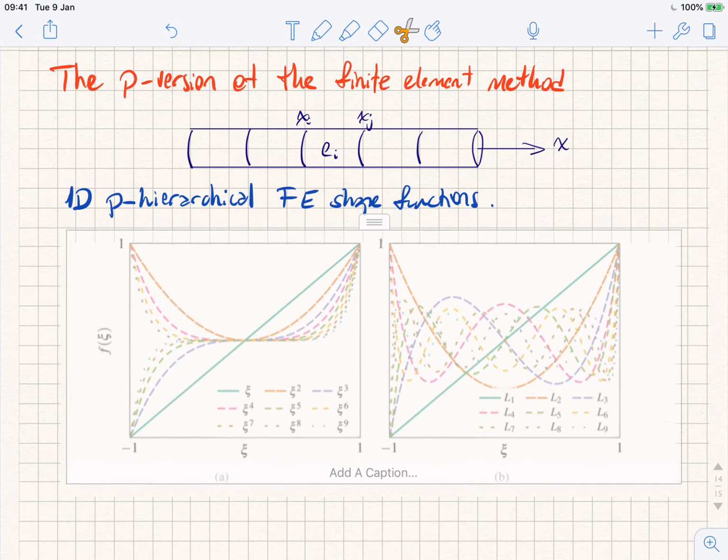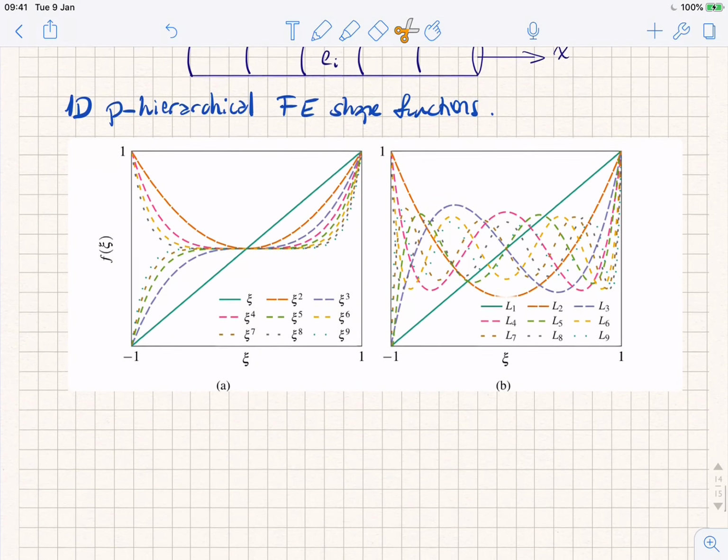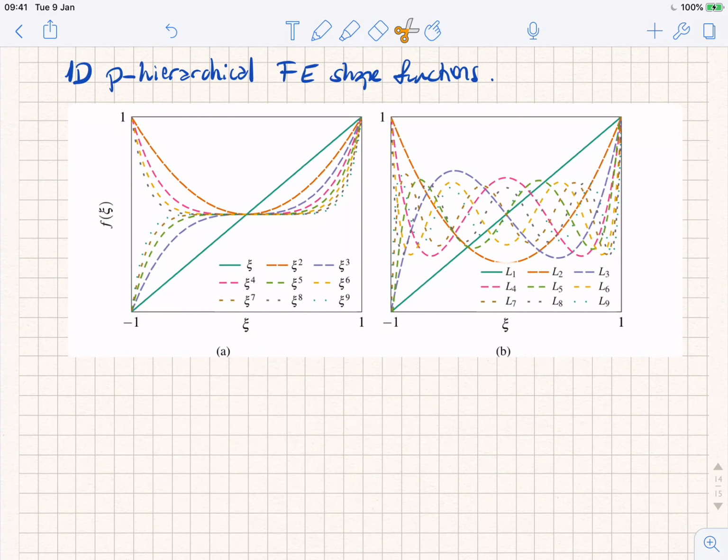Okay. So what you see in this figure is something very interesting. On the left you have just the monomials. So you see psi squared, cube, and so on. And what you see is that as you increase the order of the monomial, what happens to those functions? Let's just take the positive side between 0 and 1.